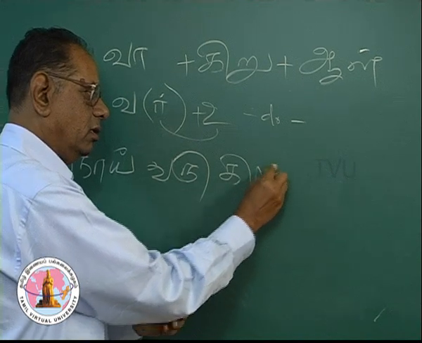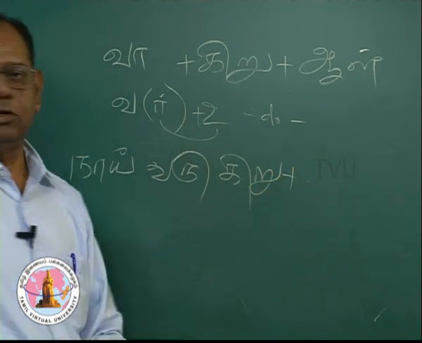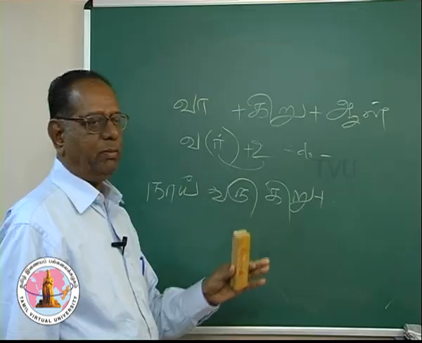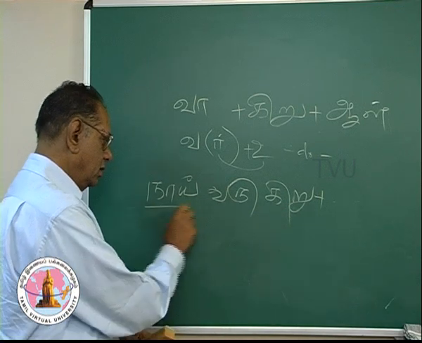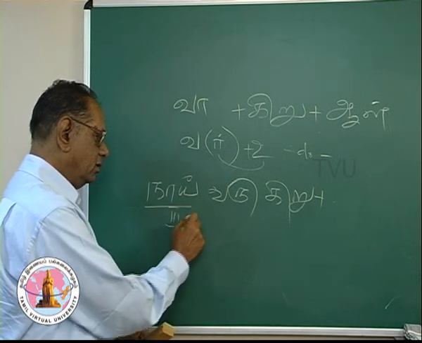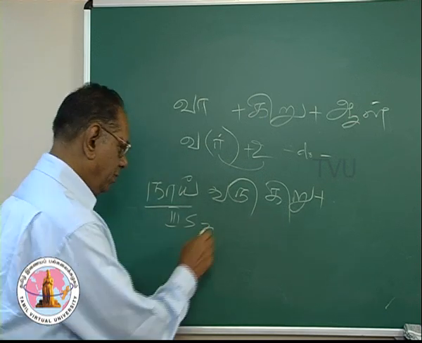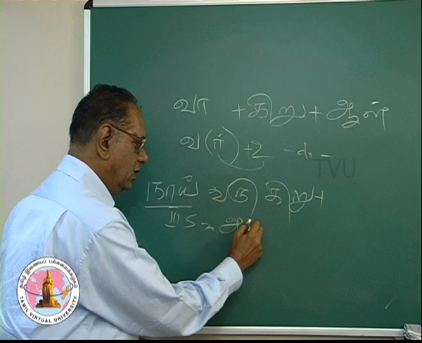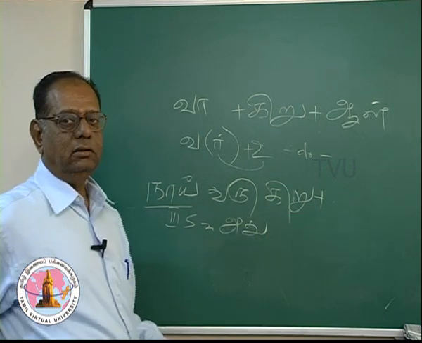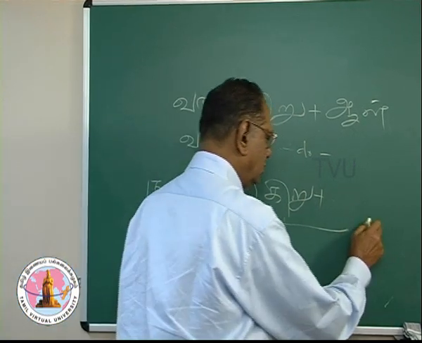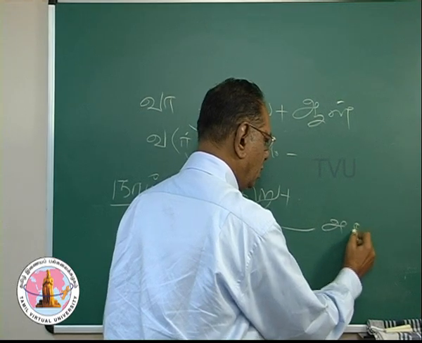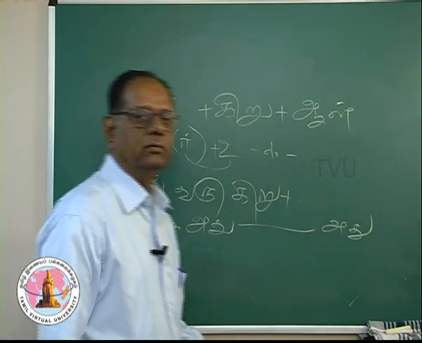First of all, you must remember the personal suffix of the third person singular neuter gender. Third person singular neuter gender is adu, and the suffix will be adu.